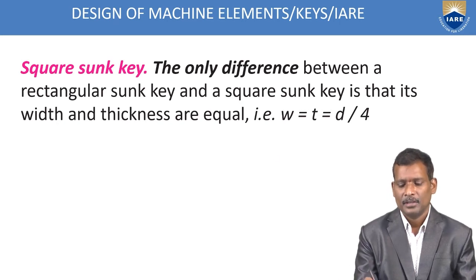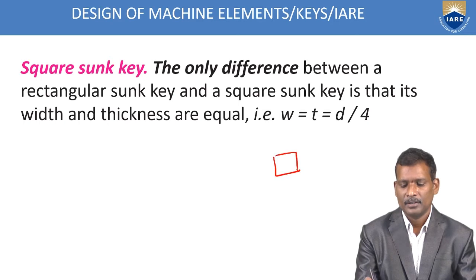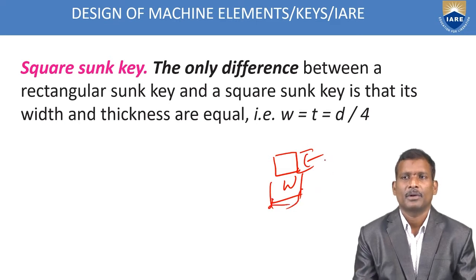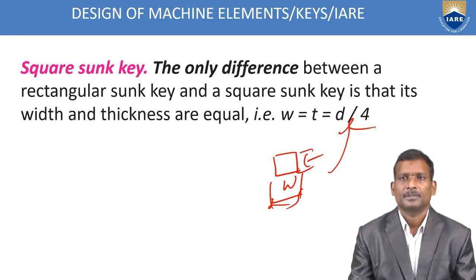In a square key, width and thickness are equal, that is d by 4, whereas in the rectangular key, the thickness is d by 6.